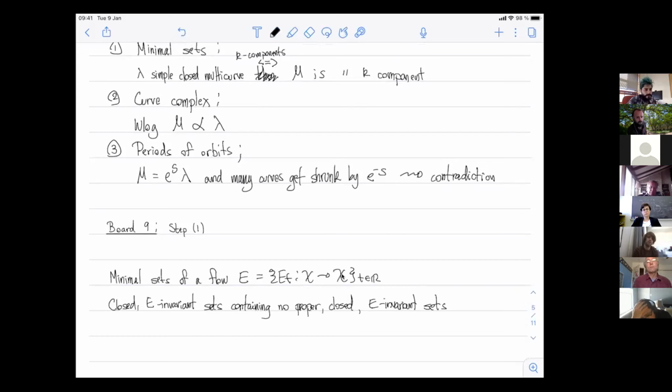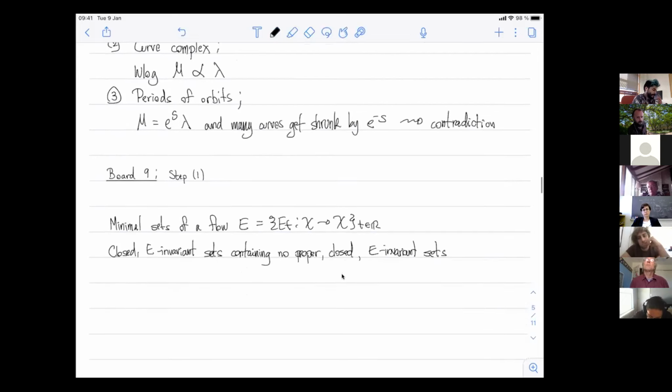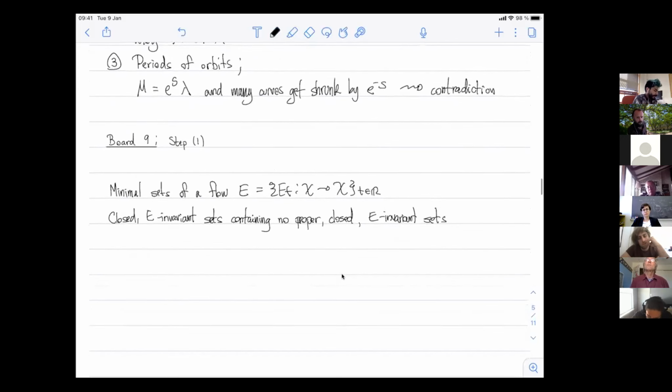And as you can see, a topological conjugacy should preserve minimal sets. It should be mapping minimal sets to minimal sets. So this is a concept that's preserved by a conjugacy, so it's a useful concept in our setting. And what's also useful is that we have a classification of earthquake flow compact minimal sets.